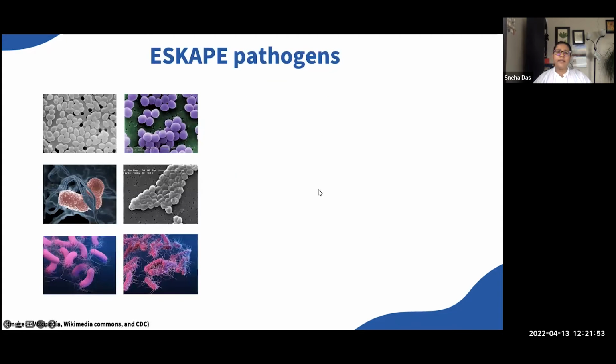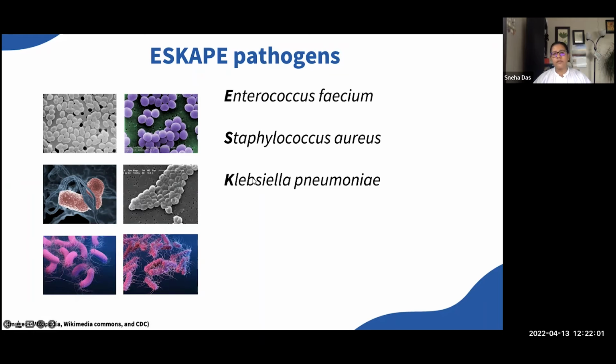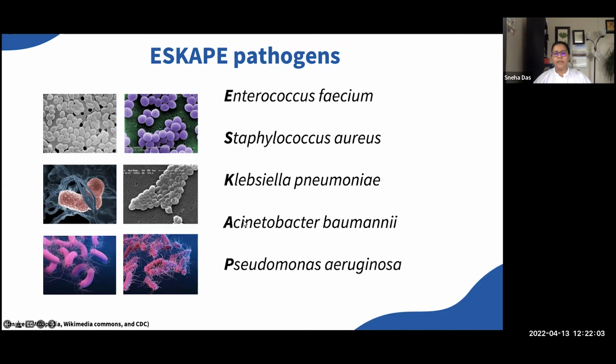And currently, scientists are most worried about the ESCAPE group of pathogens, that is the Enterococcus, Staphylococcus, Klebsiella, Acinetobacter, Pseudomonas, and Enterobacter species. And very correctly, as the pseudonym says, they escape antibiotics.